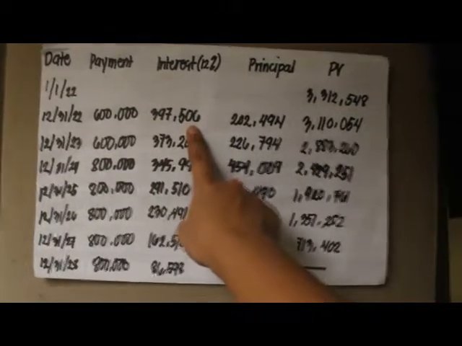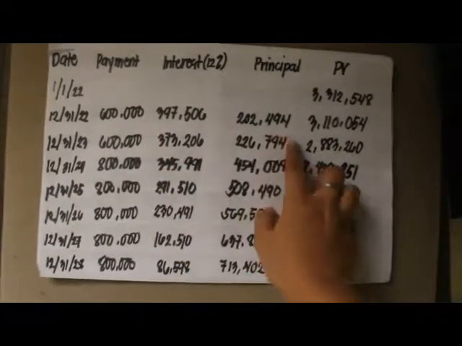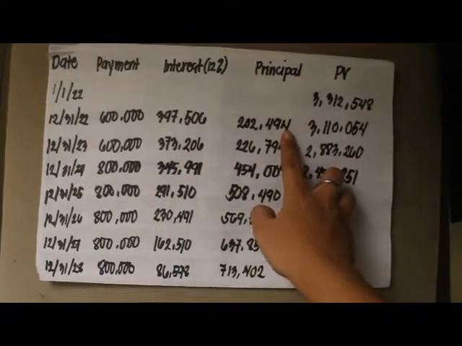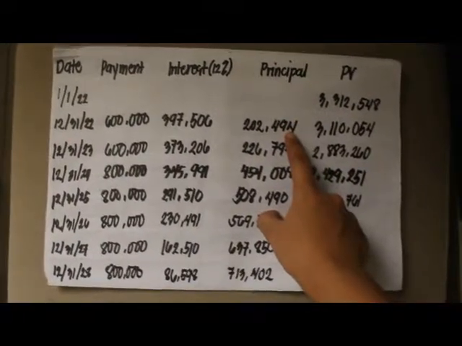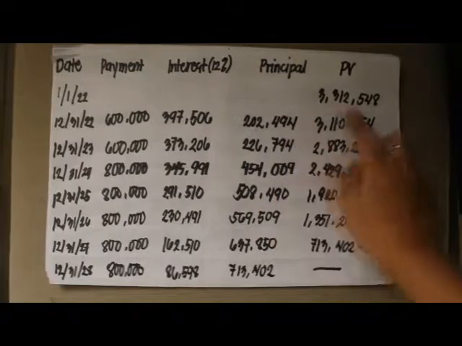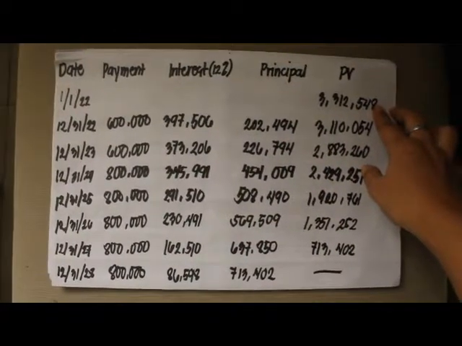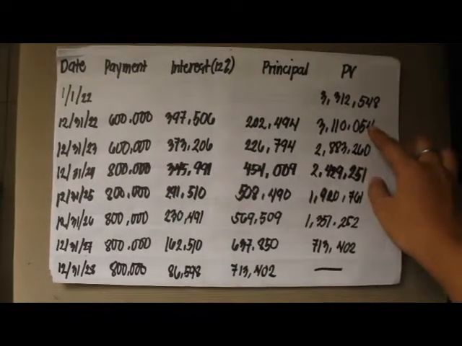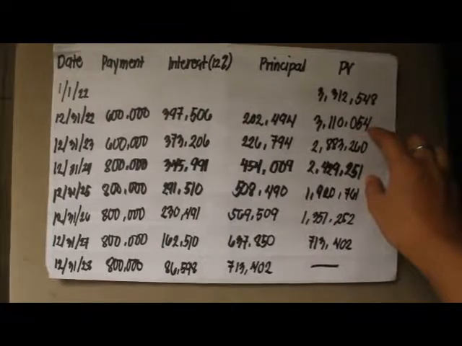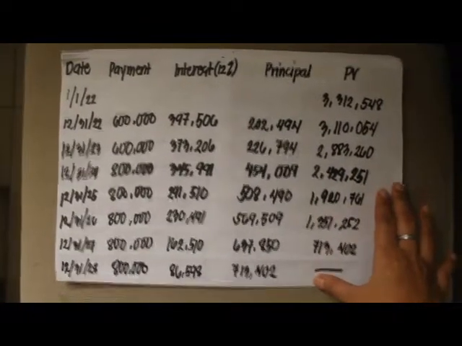I-minus lang ulit ito sa annual payment na 600,000 para makuha ang principal amount ng lease liability na 202,494. Again, i-minus lang ulit ito sa previous amount ng lease liability na 3,312,548 para makuha ang current present value ng ating lease liability na 3,110,054. Ulitin lang ulit ang process para mabuo ang ating revised amortization table.